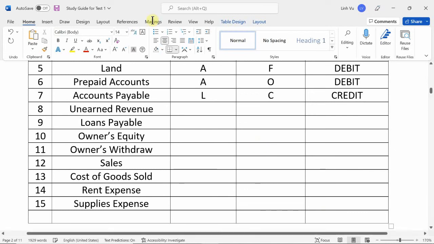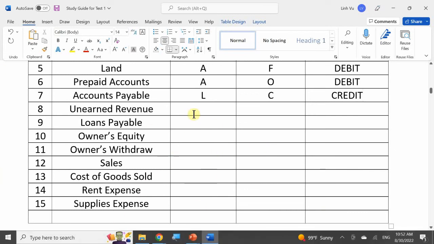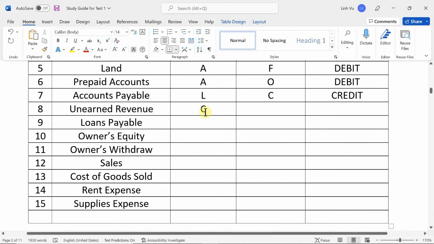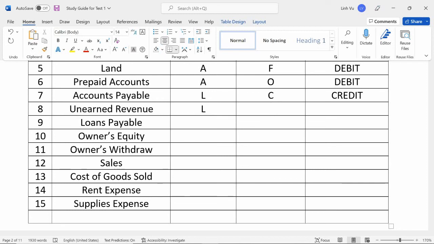Now, what kind of liability? Long term. Do you think a customer is going to be happy that you paid them a year in advance and they don't show up to do the job until a year later? So it'd be current.